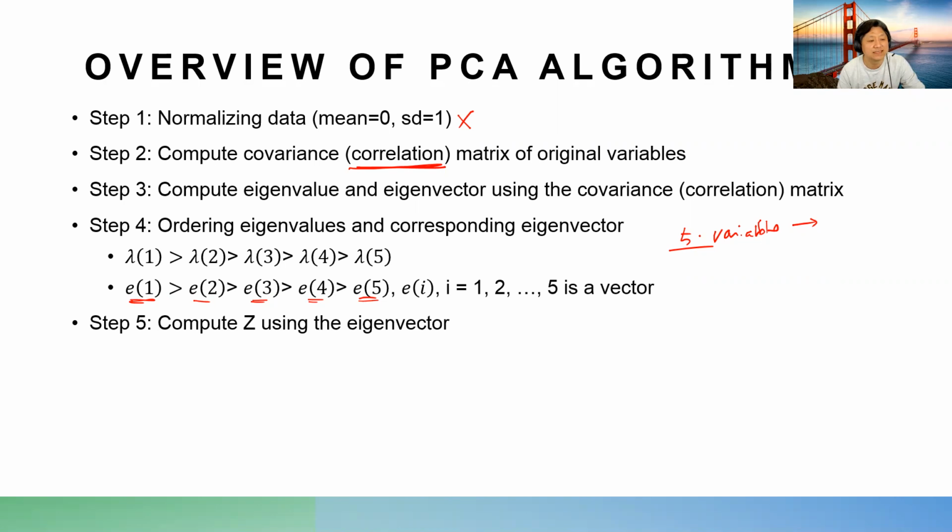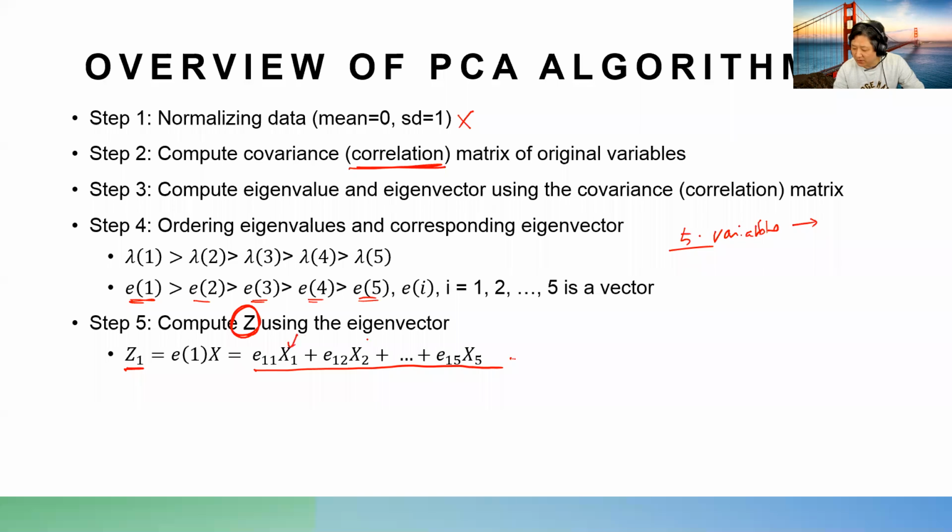And then compute the Z. This is compute the principal component using the eigenvector. So this is principal component, right? So we have 5 variables, x1, x2 to x5. And our goal is to find the coefficient, right? So these coefficients are the eigenvector of the first eigenvalue.